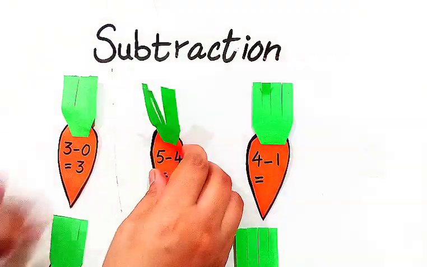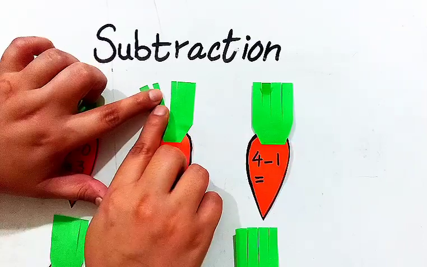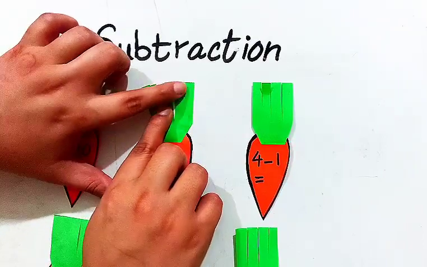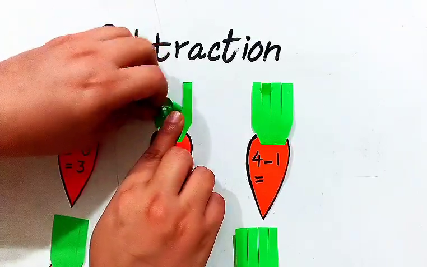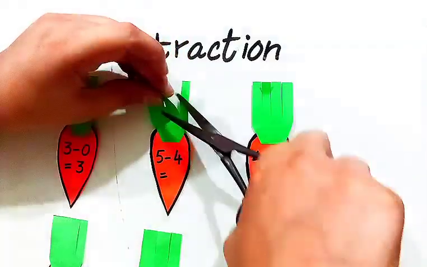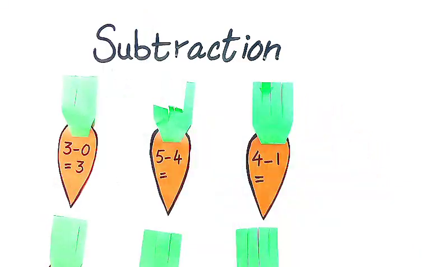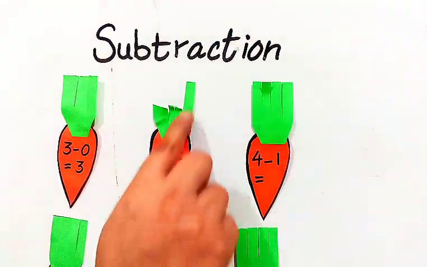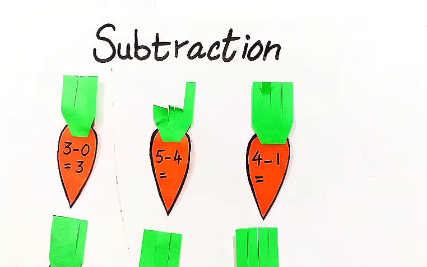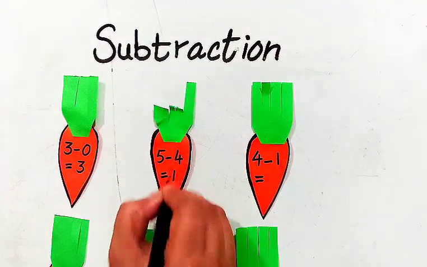First of all, count with me these 4. 1, 2, 3 and 4. Now I will take away these 4 like this. Now tell me how many left? 1. How many left? 1. So the answer is 1.